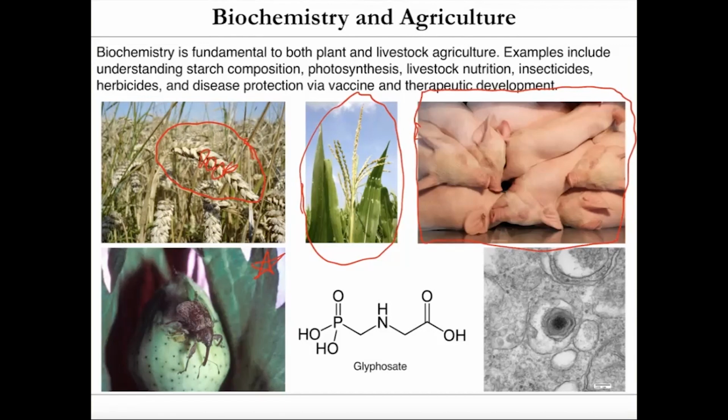Developing insecticides has been spurred along by biochemistry, and also herbicides. So here's the molecule glyphosate, also known as Roundup. Roundup could not have been developed and implemented without an understanding of biochemistry.